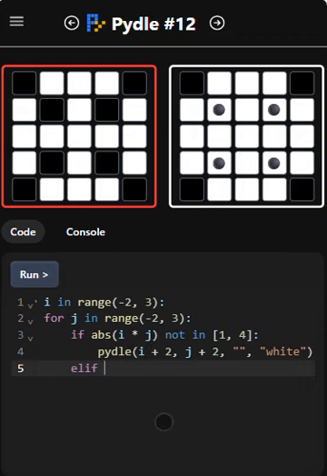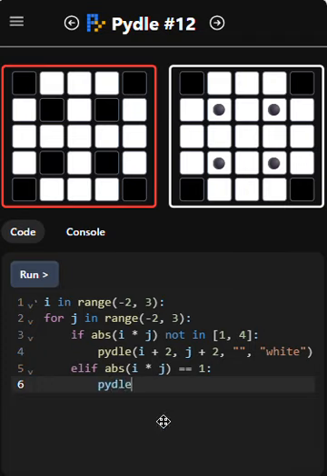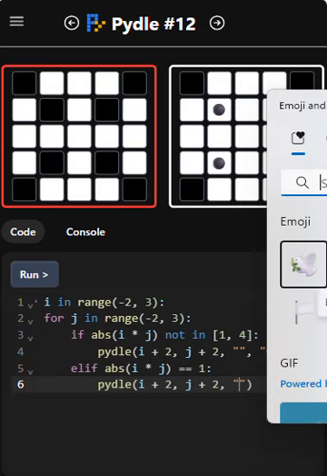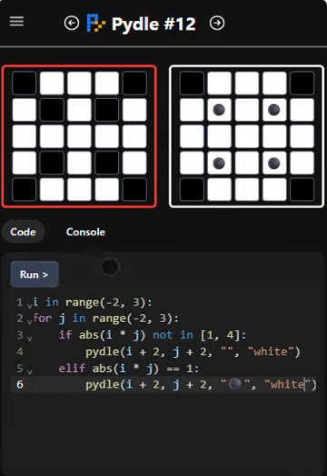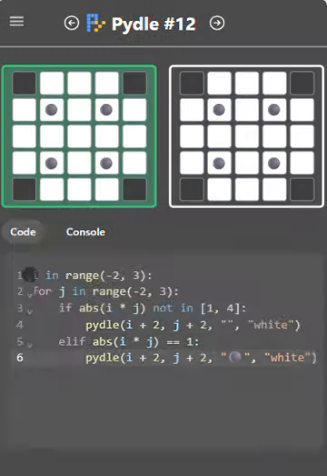Okay, so I'm going to say elif absolute value of i times j equals 1, and then we are going to do Pydle i plus 2, j plus 2, and the character is going to be this emoji, which is a black circle, and the background is still white. Okay, so if we run that, that should be solved.